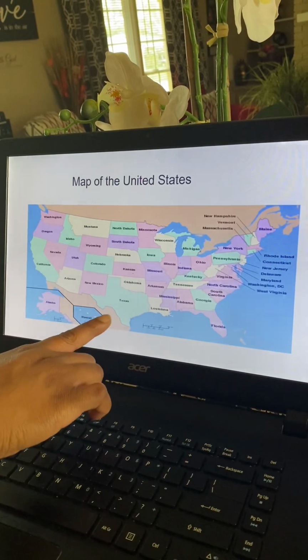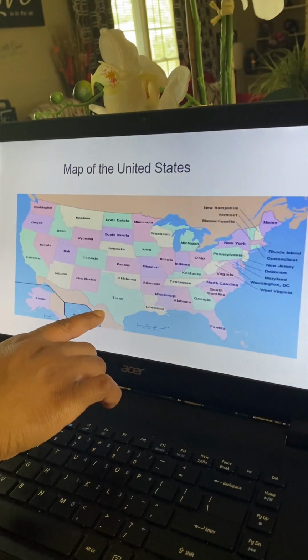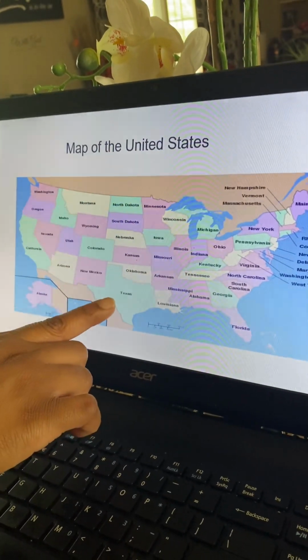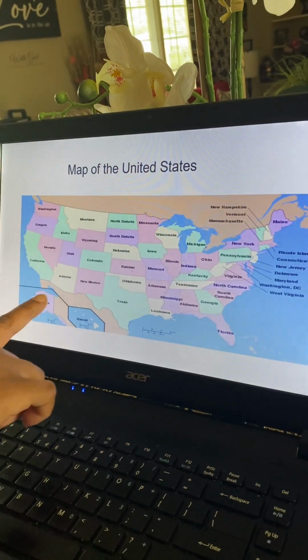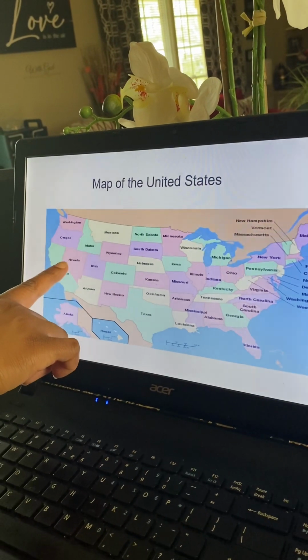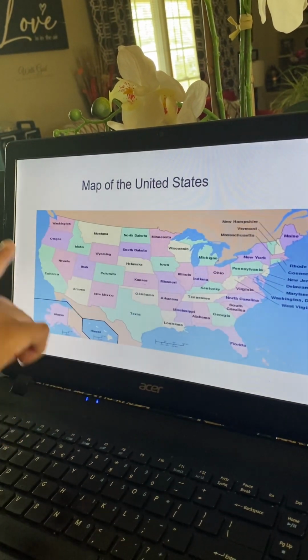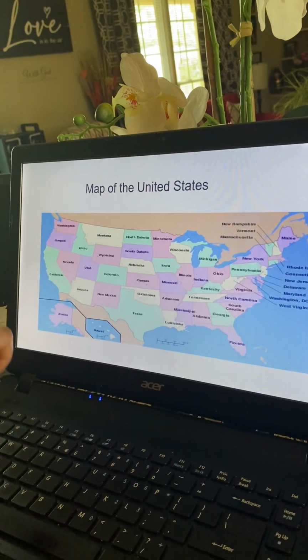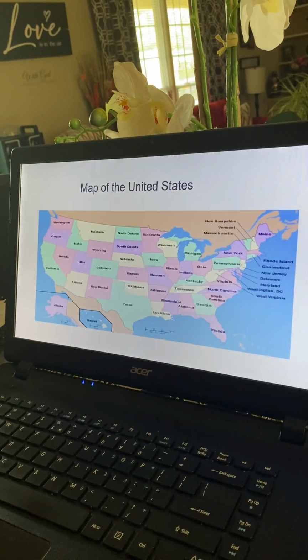Like I said, it shows some of the places around Texas that the United States acquired during the Mexican War, which was Arizona, Nevada, Utah, California. These are some of the places that we won in the battles. Okay, the wars.